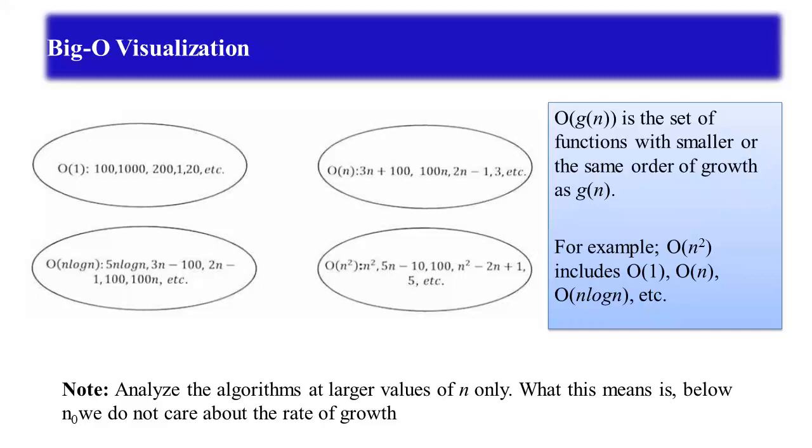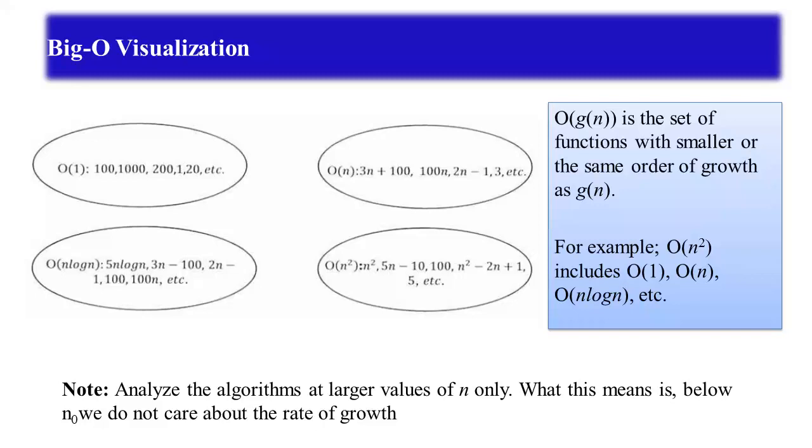So the two main points that we take away from this particular slide: one is any higher order complexity class will subsume the lower order complexity classes within itself. Point number 1. Point number 2 is the big O is only analyzed for the larger values of n. These are the two main concepts that we take away from this slide.